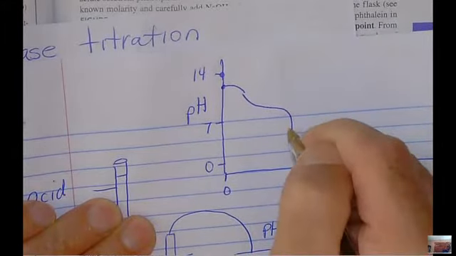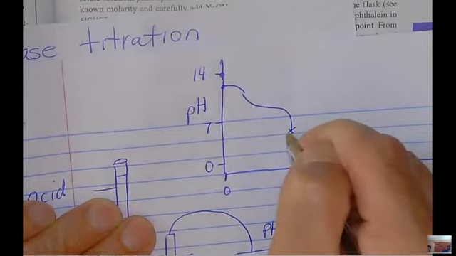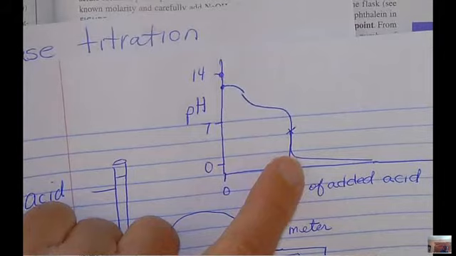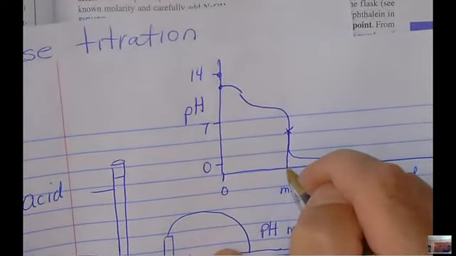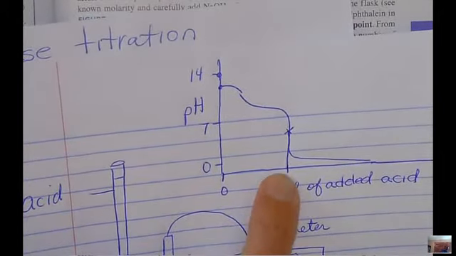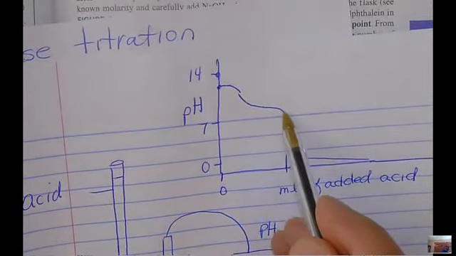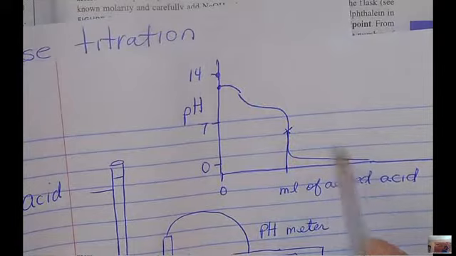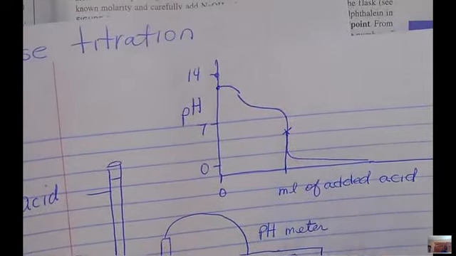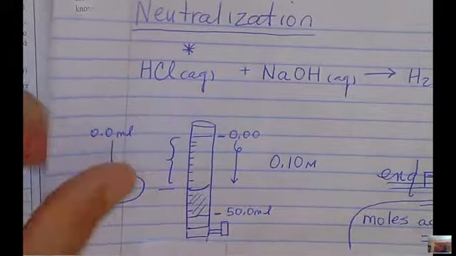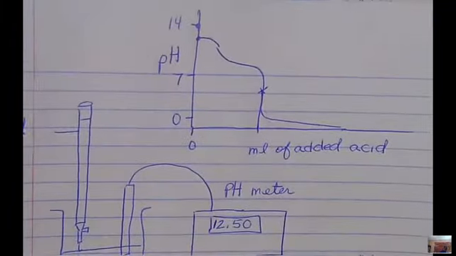So this place where the pH changes super dramatically is your end point. So instead of looking for the color change, you're going to use the end point as the number of milliliters of acid when you see this big change in pH. There'll always be one big change in pH when you do a strong acid with a strong base. So that's what you're looking for.